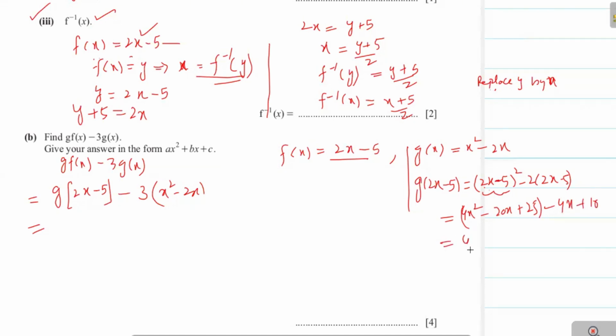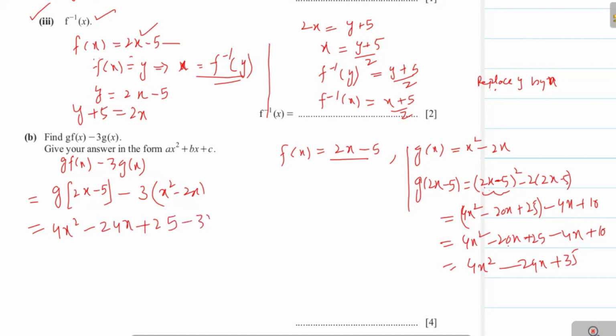So we have 4x squared minus 20x plus 25 minus 4x plus 10, which equals 4x squared minus 24x plus 35.